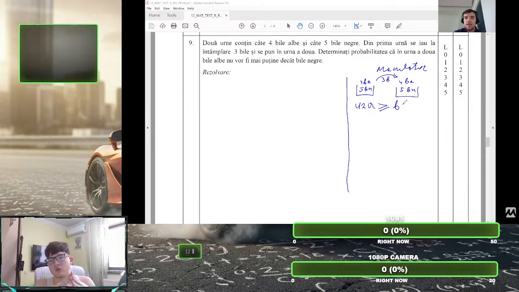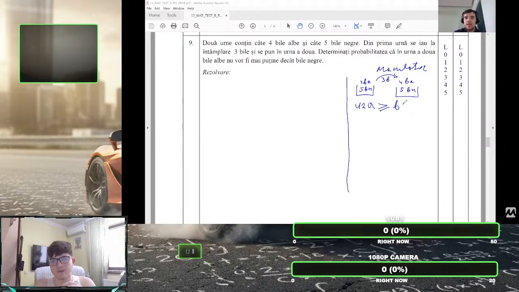Twisted problem. I guess I can draw it. So he has drawn this schematic thing. 2 bins. Bro, this is gonna burn my brain. You have 4 white balls in the first bin and 5 black balls in the second bin.